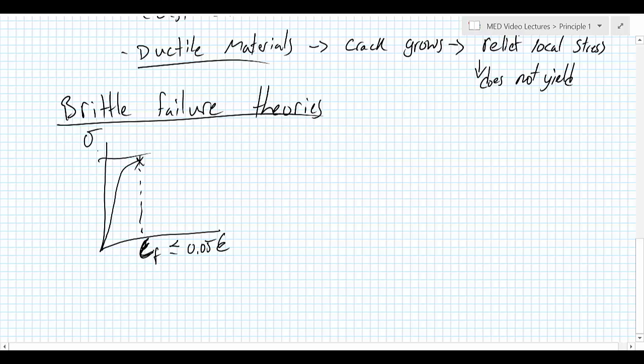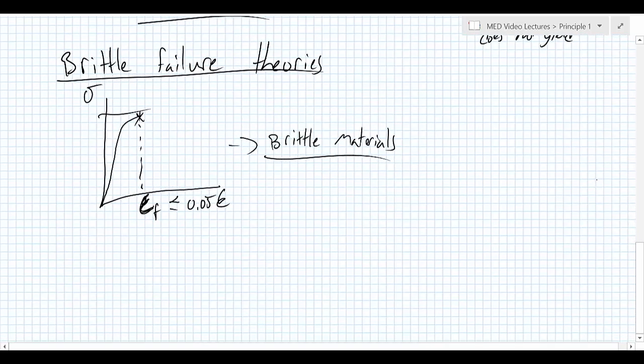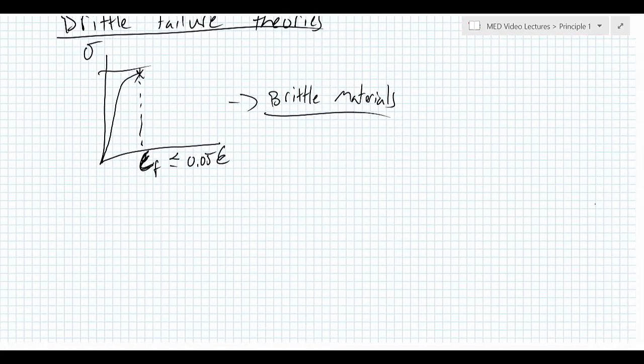That's what we call brittle materials. So these failure theories are all for brittle materials, as opposed to ductile materials, which will change shape and plastically deform. We are concerned mostly with materials that will all of a sudden grow cracks and break.